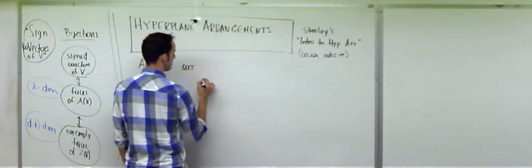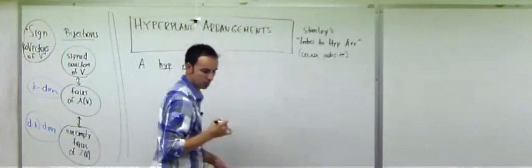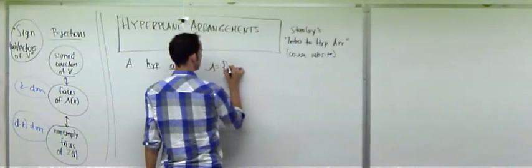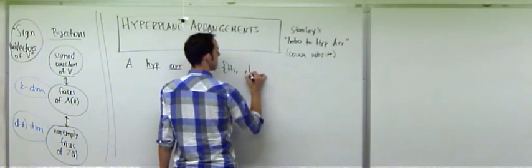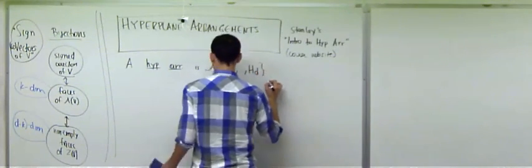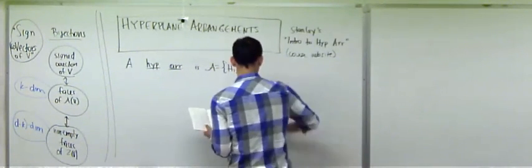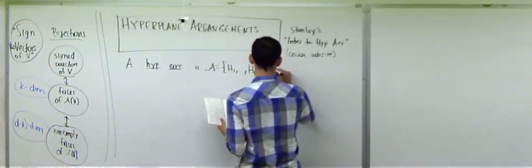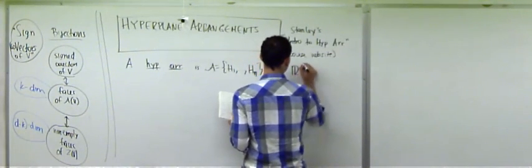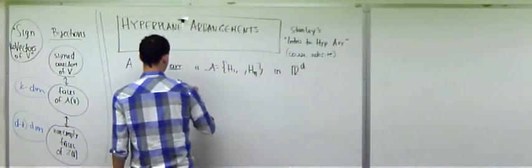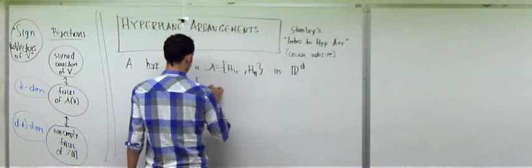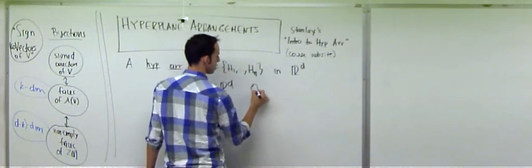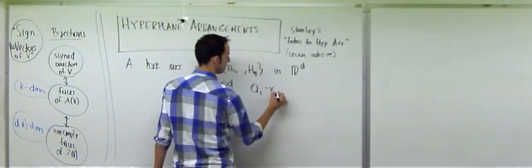Okay. So a hyperplane arrangement is a collection of hyperplanes. And I already said this last time. So a collection of hyperplanes in R^d, where the ith hyperplane is the set of x in R^d such that a_i dot x equals b_i.